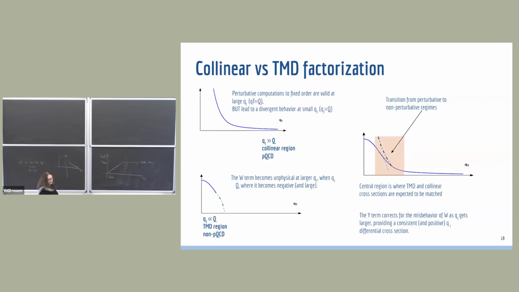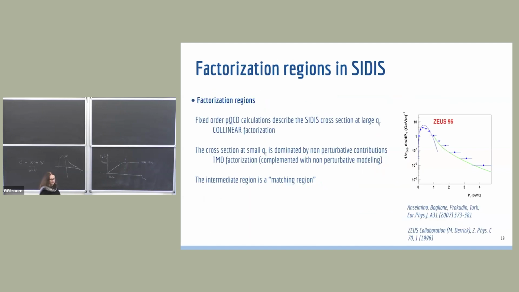Now, these are just drawings that I made by hand. But if you want, you can actually compare with data. A nice place to compare is using the old HERA data, which correspond to a very large Q squared, and they spread out over a rather wide range of values of pT.